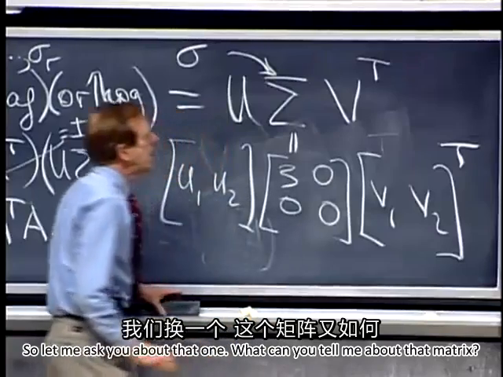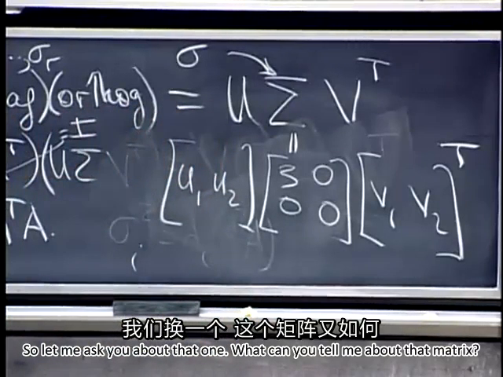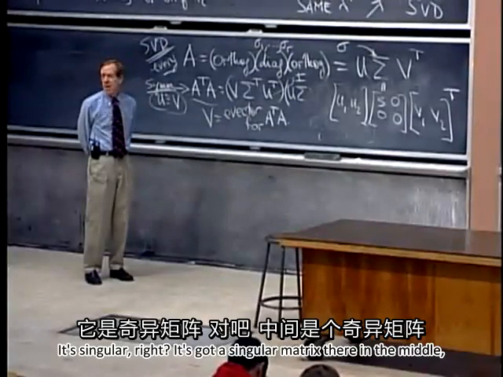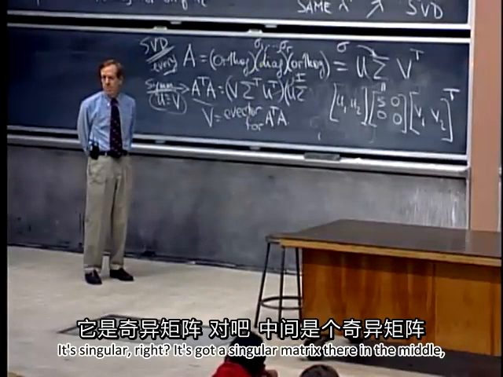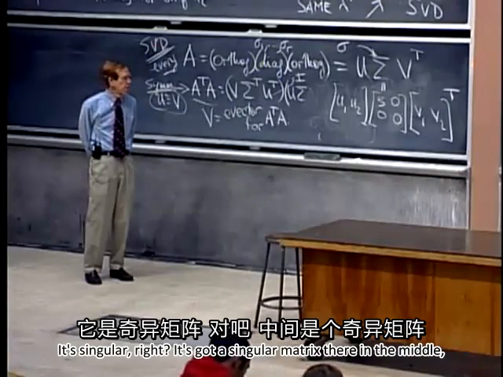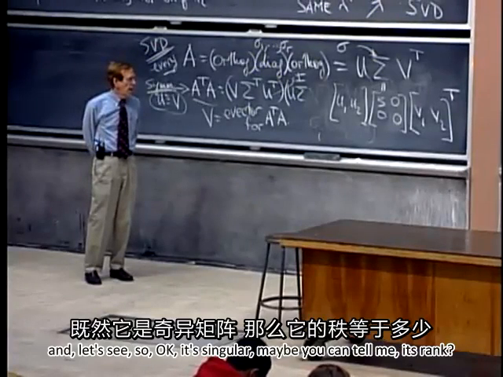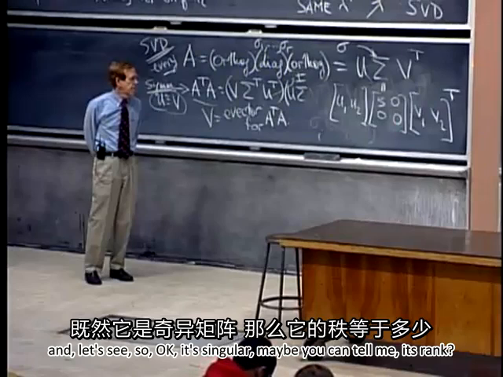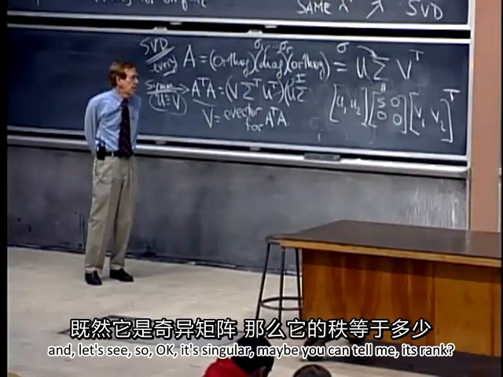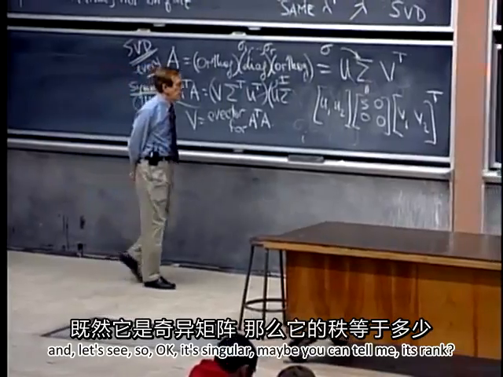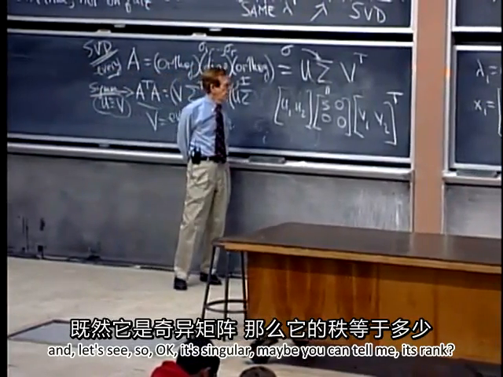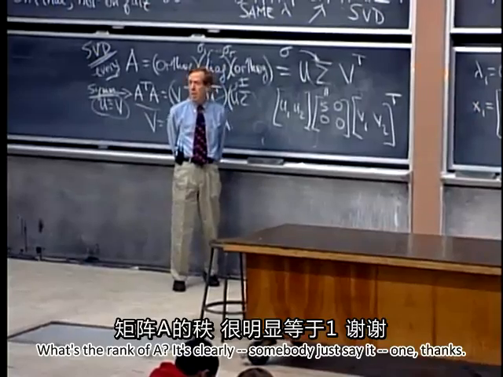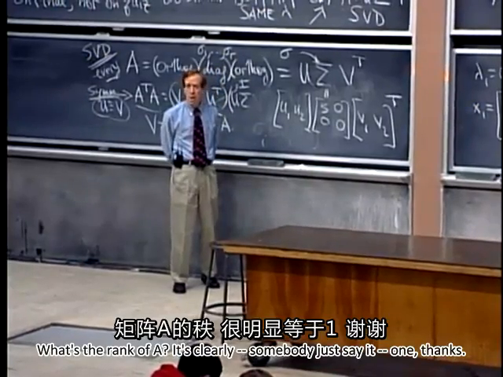Okay, so let me ask you about that one. What can you tell me about that matrix? It's singular, right? It's got a singular matrix there in the middle. Maybe you can tell me its rank. What's the rank of A?